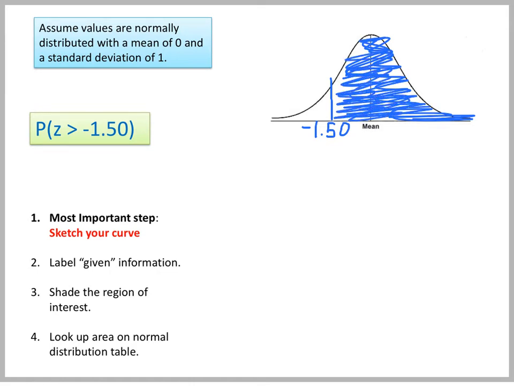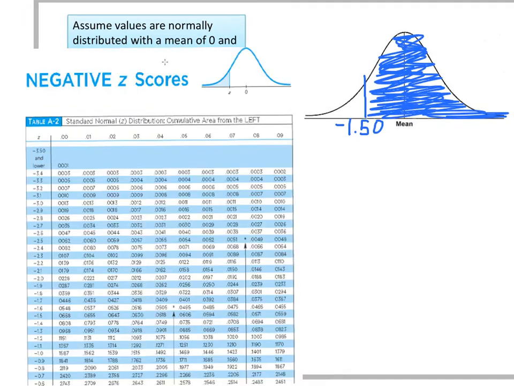So again, I need to look at my area on the normal distribution table. So let's get our normal distribution table up again. So here we have our negative distribution table. Recall that in this table, the areas are being given in the tail. But in this problem, we need the area over here.